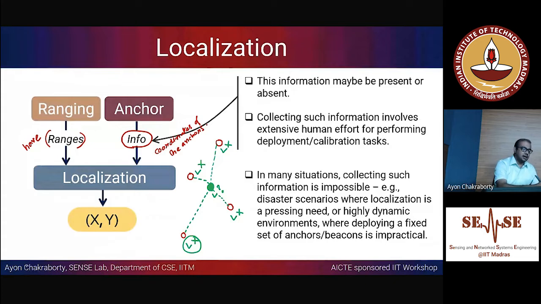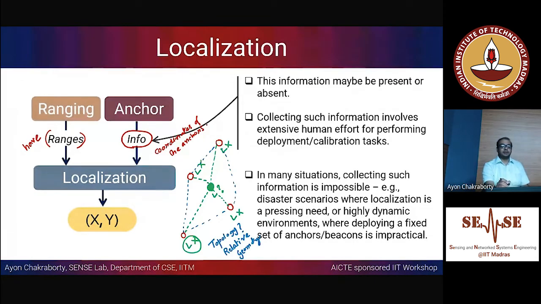So in a practical scenario, all of them would be able to range with each other. Okay. And what we are trying to get at is, can we try to build this topology? Okay, so can we try to build this relative geometry? What is topology? Topology is just the relative geometry.